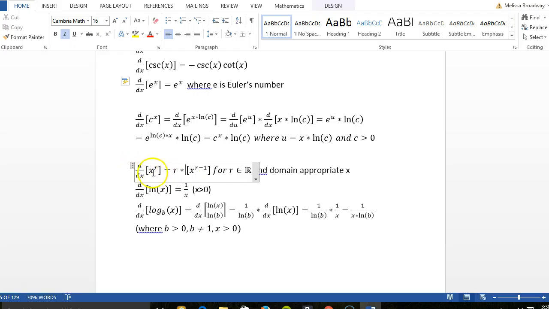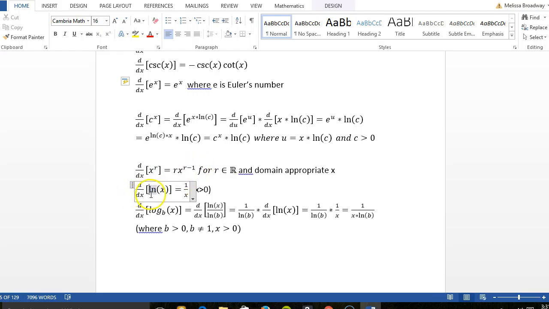So sorry. d by dx of x to the r is r times x to the r minus 1. I just made a goof there. Now, this is important: you bring down the r and you subtract 1 off the exponent.